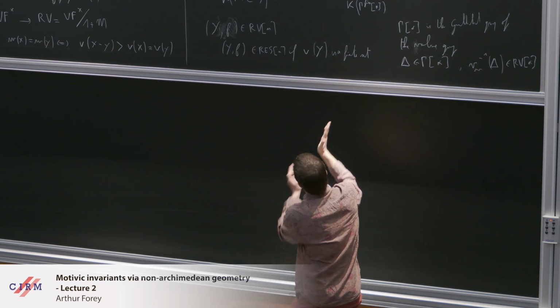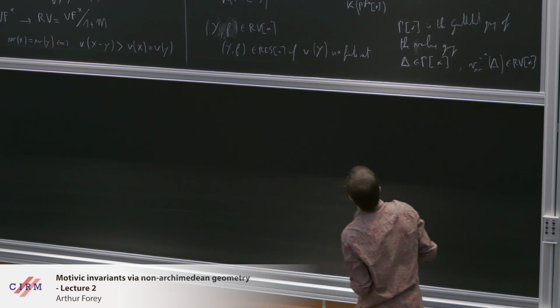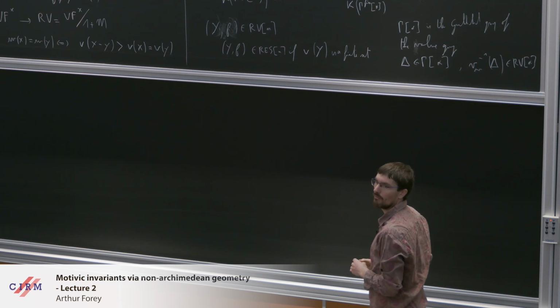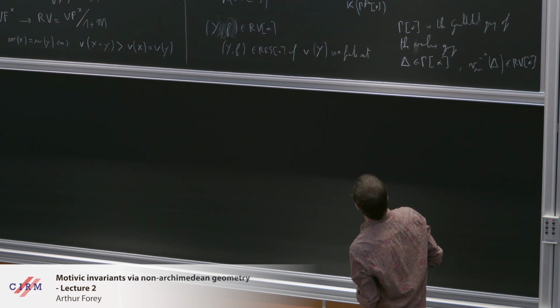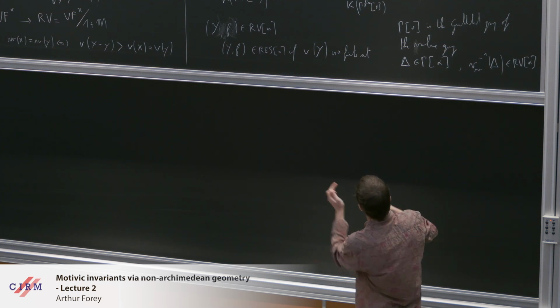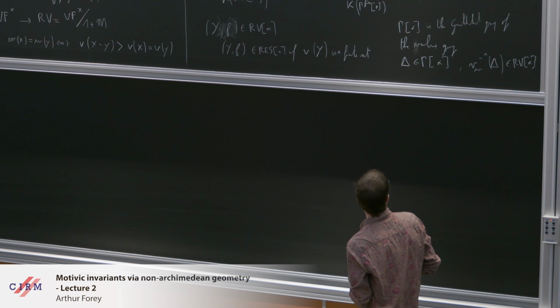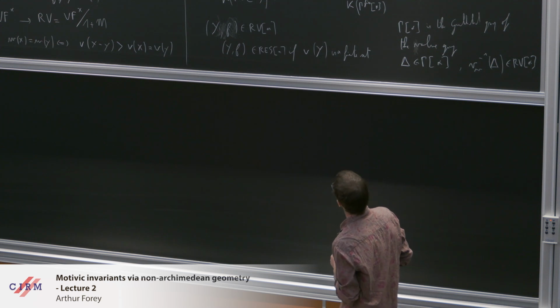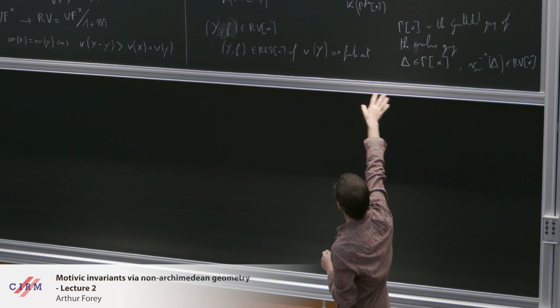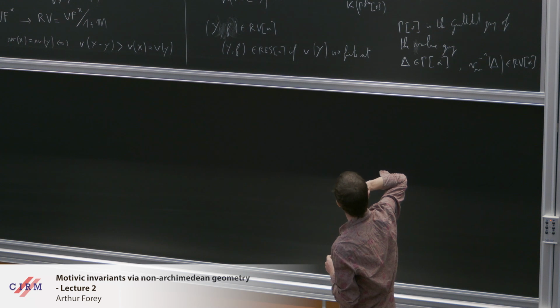So you can view it in both categories, and that's the thing over which I tensor. You can show that it's the only relation between the two, and that you can build all things in RV out of these objects. So to understand this Grothendieck group of RV, it's enough to understand those two groups.